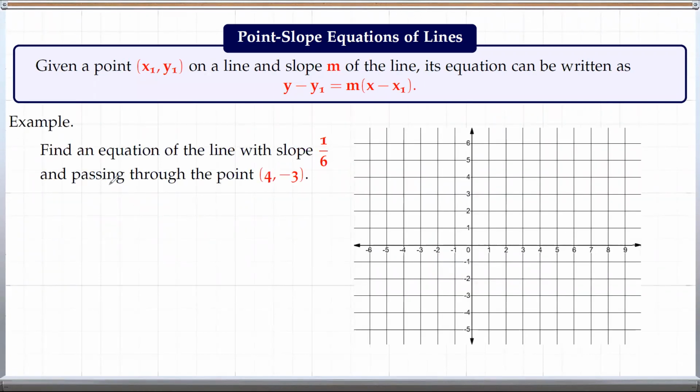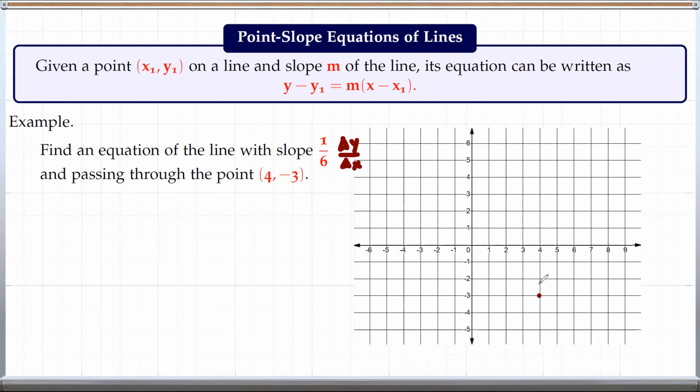In this example, we are given slope 1/6, and we know the line goes through the point (4, -3). So let's quickly graph that line. (4, -3) is right here, so it should go through that point. And slope 1/6 means when you have change in y of 1, you have change in x of 6.